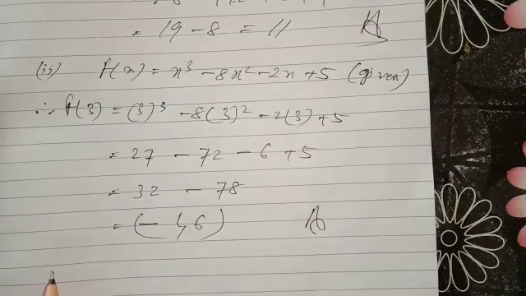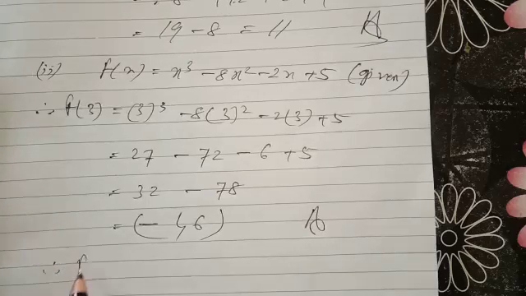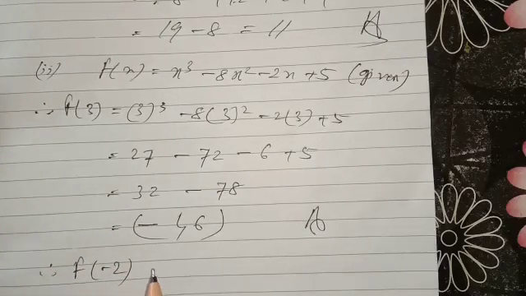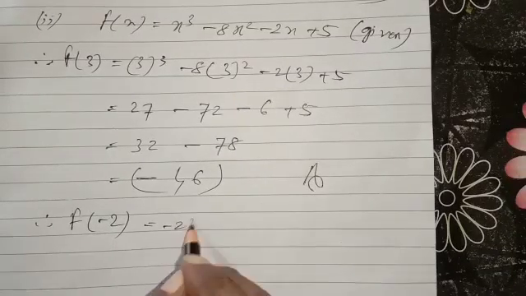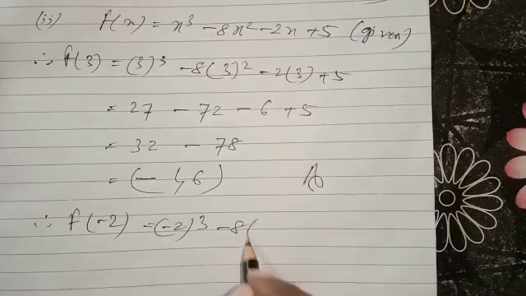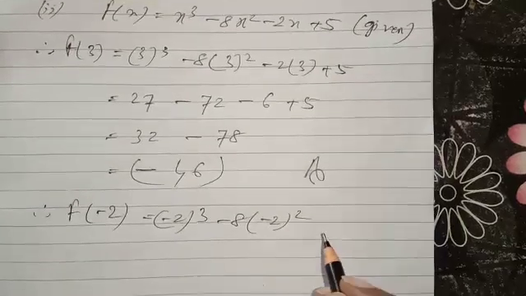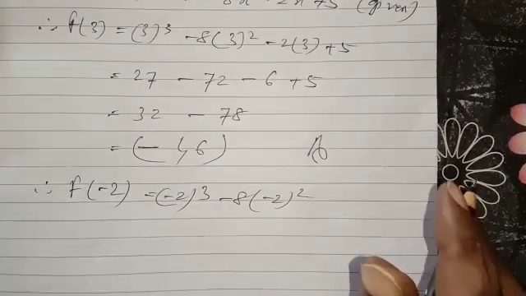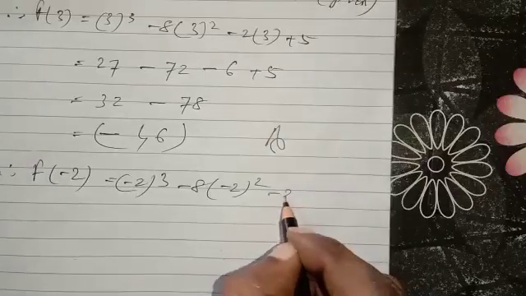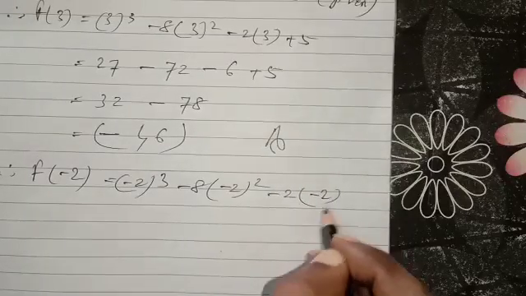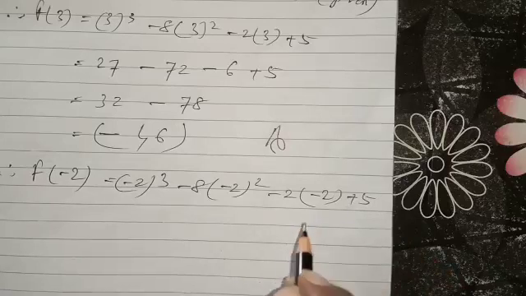Okay, number 2 second part. And also you have to find out f of minus 2. F of minus 2 means x is replaced by just minus 2. Minus 2 whole cube minus 8 into minus 2 whole square minus 2 into minus 2 plus 5. Just x is replaced by minus 2.